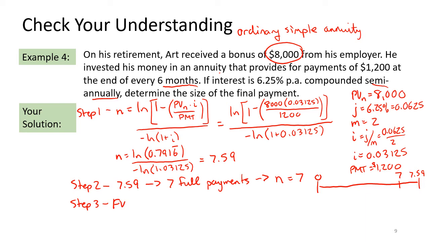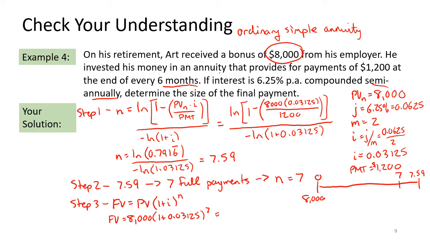So our future value is equal to our present value times 1 plus the periodic interest rate to the exponent n. Again, we're starting with $8,000 here. So our future value is equal to 8,000 times 1 plus the periodic interest rate, 0.03125, to the exponent 7, because we are going 7 payment periods into the future.